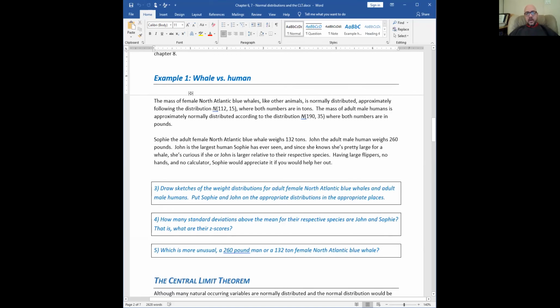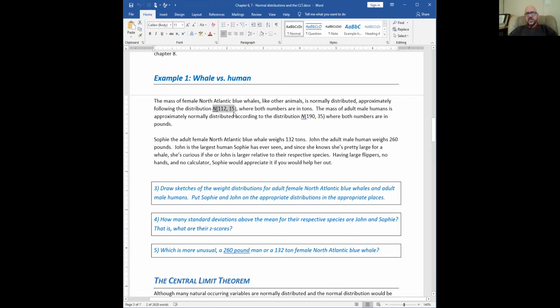So here is my z-score example. The mass of female North Atlantic blue whales is normally distributed, and this is about the normal distribution they follow. We're not 100% sure about the distribution of blue whale mass, because we just haven't weighed all that many blue whales.